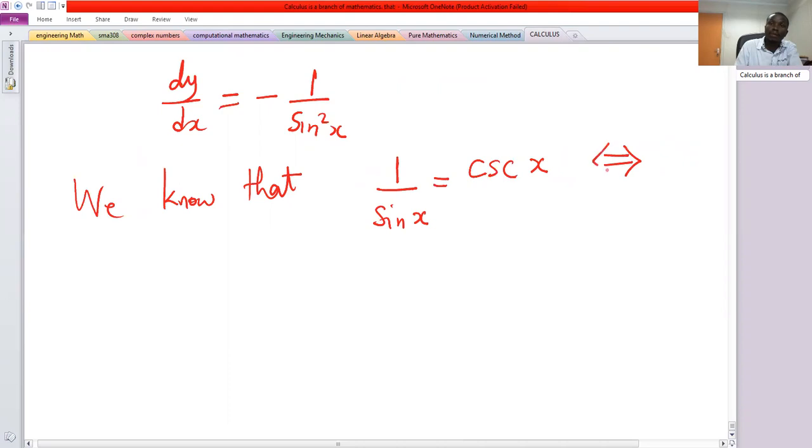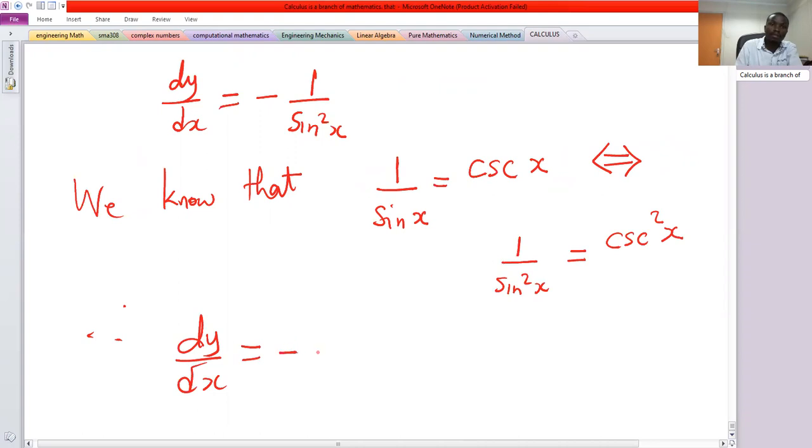So 1 over sine squared x must be the same as cosec squared x, you're just squaring both sides. Therefore, dy dx equals negative cosec squared x.